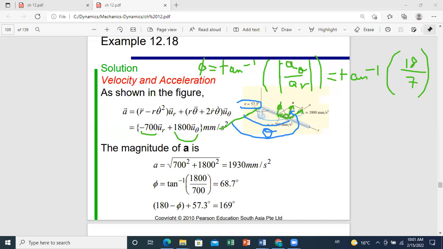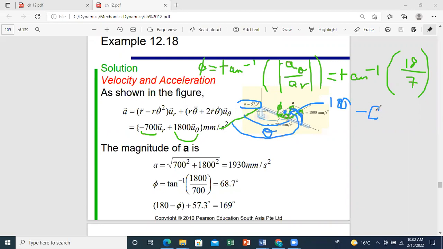What should I add to it? Which part? This one. Between positive U_r and A, what is the angle? 180 minus phi. Exactly. So this part, I know that this is phi, so this part will be 180 minus phi.